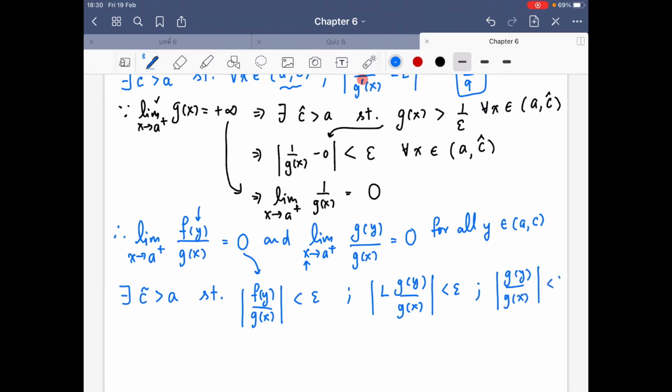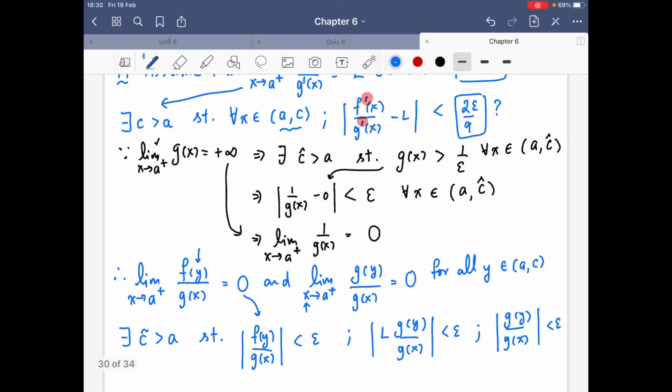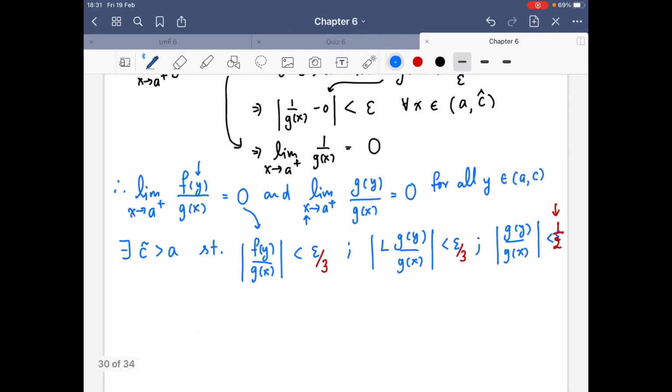However, that epsilon is too fictitious, so to be realistic we are going to divide by 3. Later on you will know why. And for g(y) over g(x), we fix epsilon to be 1/2. This inequality holds for all x within a to c tilde.